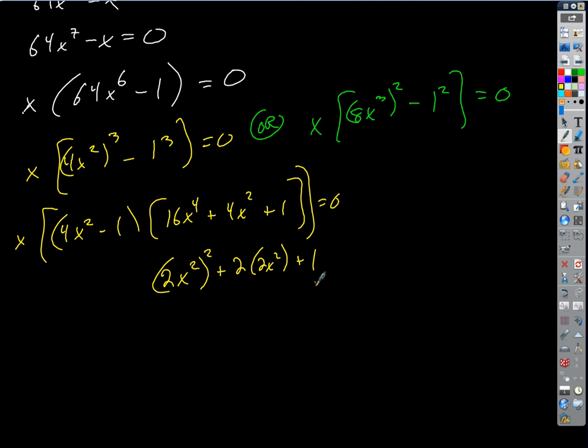Yeah, that's right. That's not going to work very well because I've got something squared plus 2 times something plus 1. Magic numbers exist, but look at those magic numbers. You're going to get 2x squared plus 1 times 2x squared plus 1. And that's going to be a mess, right?